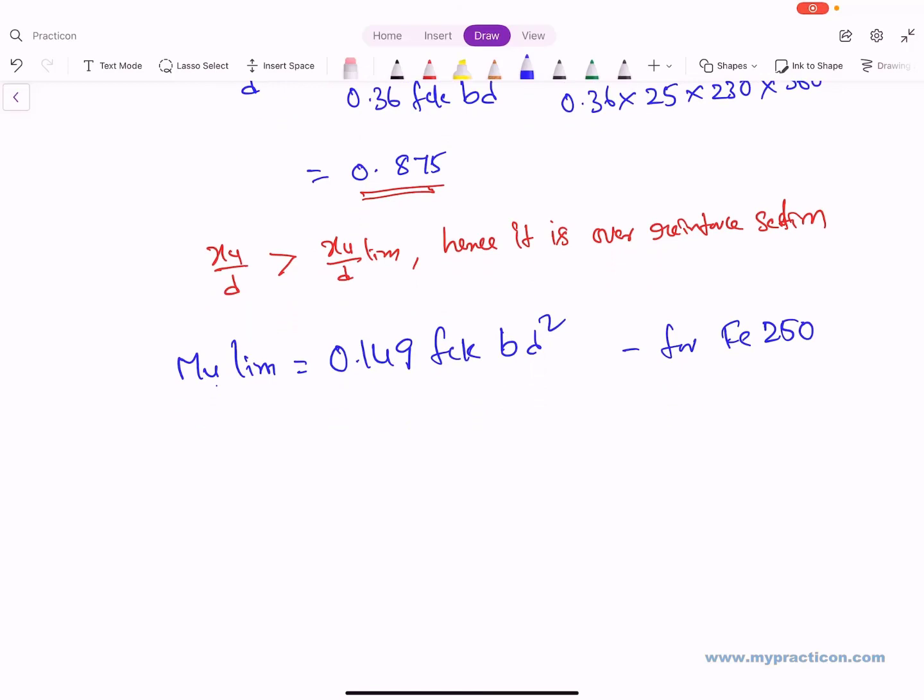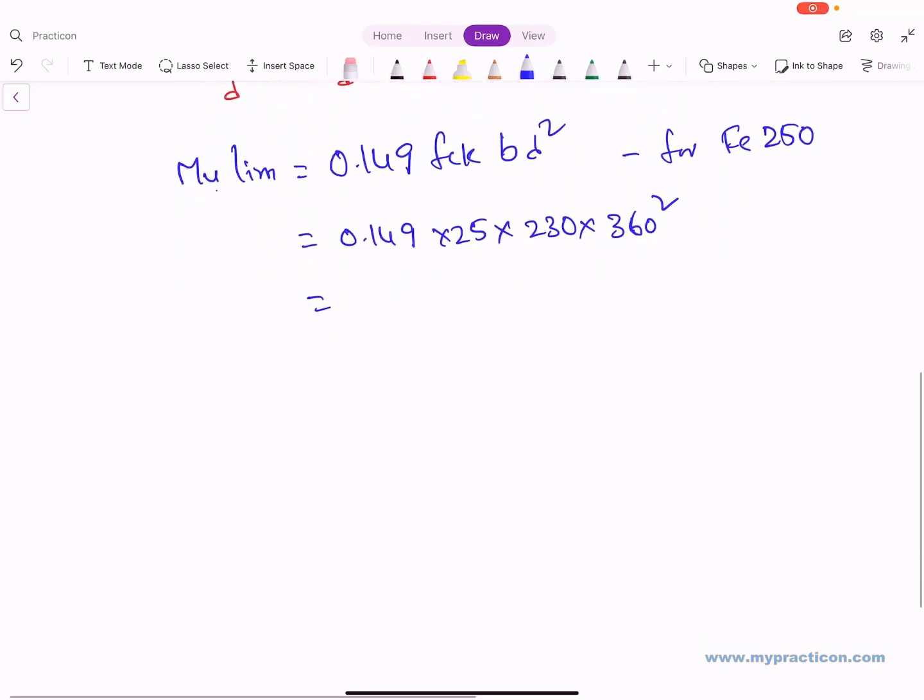So now, 0.149 into FCK is 25 and B is 230 and D is 360 whole square, which is equal to 111.03 times 10 to the power of 6 Newton mm.